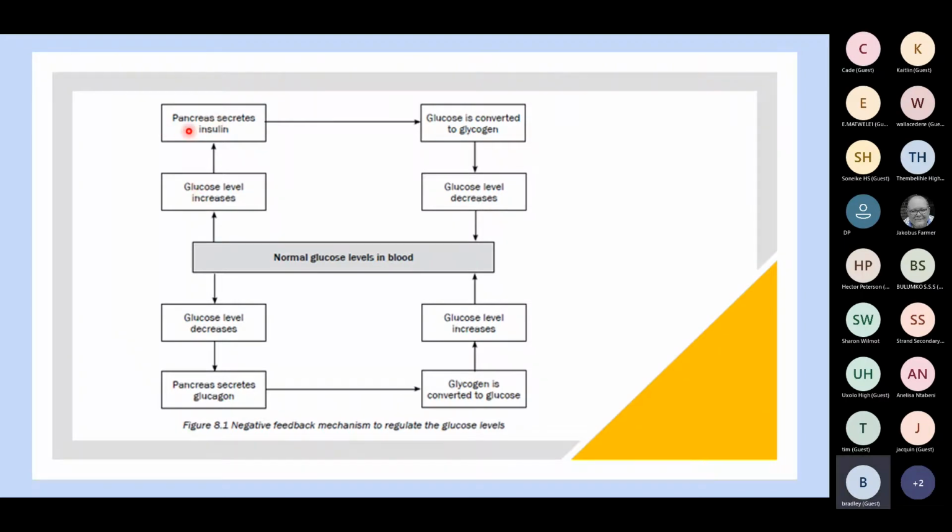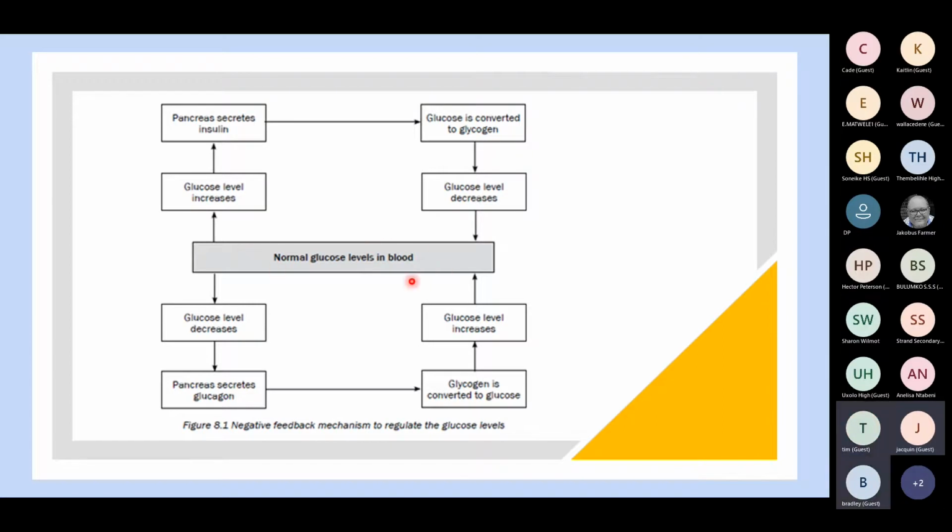Which gland? Pancreas. Which hormone? Insulin. Target organ? Liver. What does the liver do? Converts glucose to glycogen. What's the consequence? Glucose levels will decrease and then go back to normal. Follow the arrows.